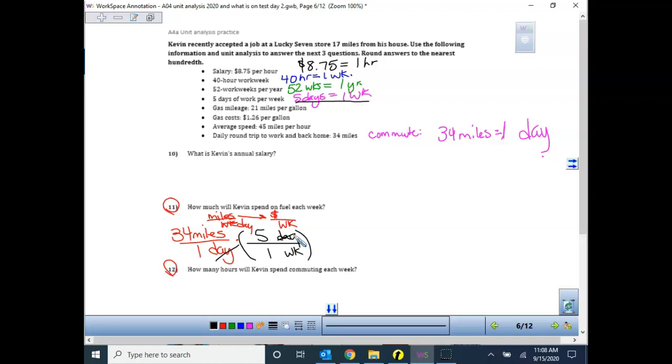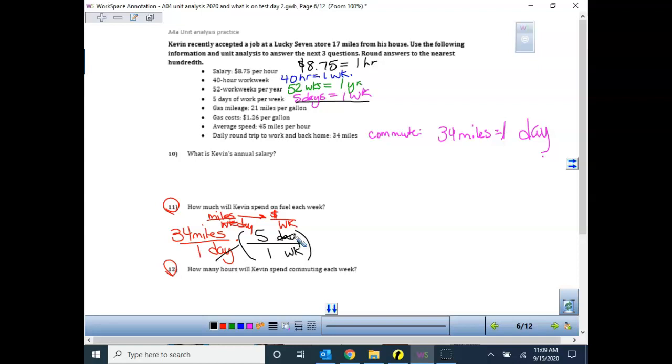So we do the 34 times the 5 and then divide by 1. Well, we got to get one more thing in here, right? We got to have something else. What of these conversions up in here, what other ones do we have to use?